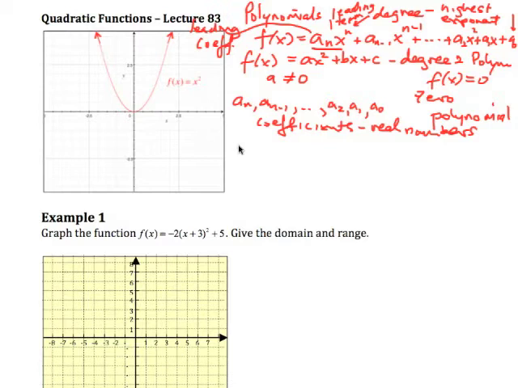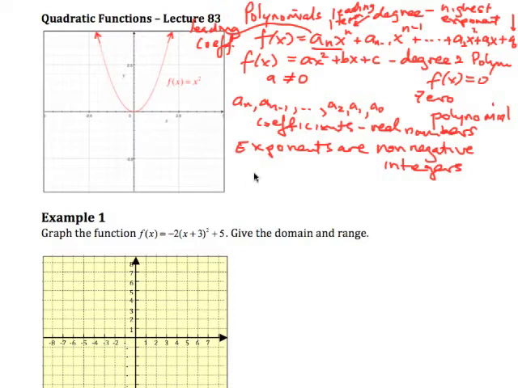Now, we can't have anything but an integer, so in other words, exponents are integers, and not only that, they are non-negative integers. Right, so we can't have any half powers or fractional powers or negative powers or exponents.